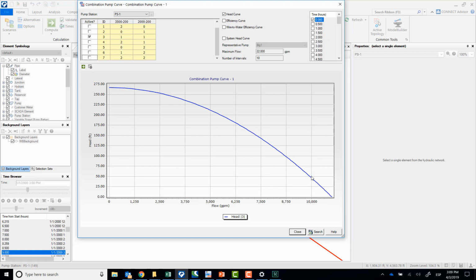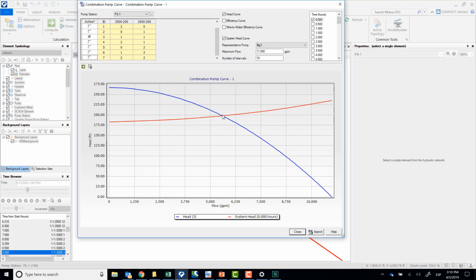I think the maximum flow was 7,000 for one and 4,000 for the other. So in terms of flow, it's almost 11,000 here. Okay, so the question was, what is the maximum flow of the two pumps when both are on? So that's your theoretical maximum flow, right? But because the operating point would actually be here when one big one and one little one are on, in this case, we'll have a flow of like 5,500.